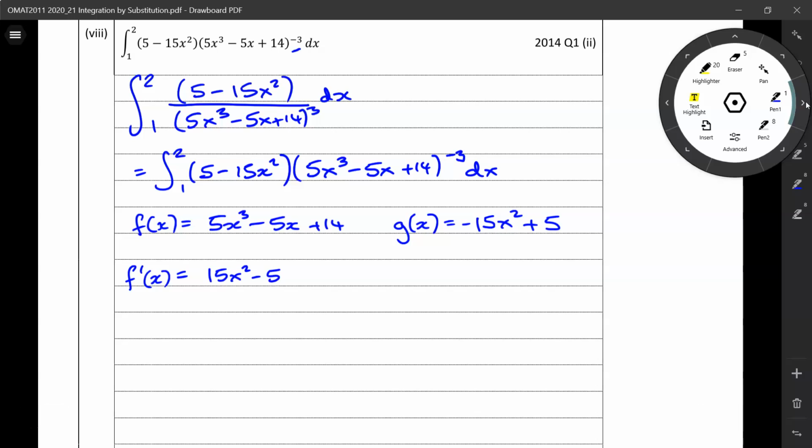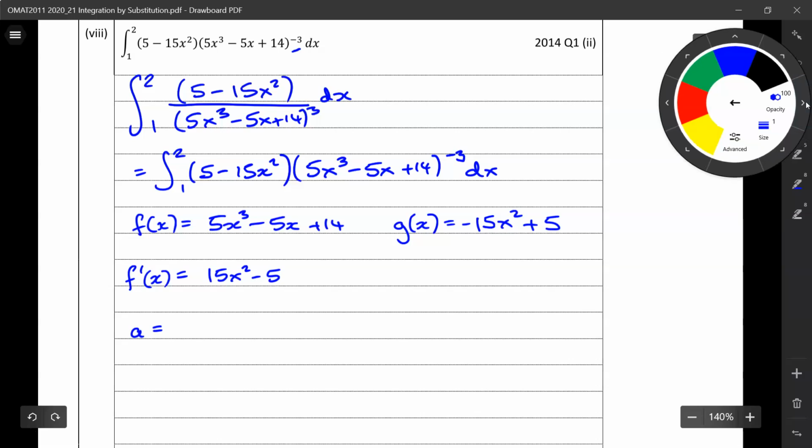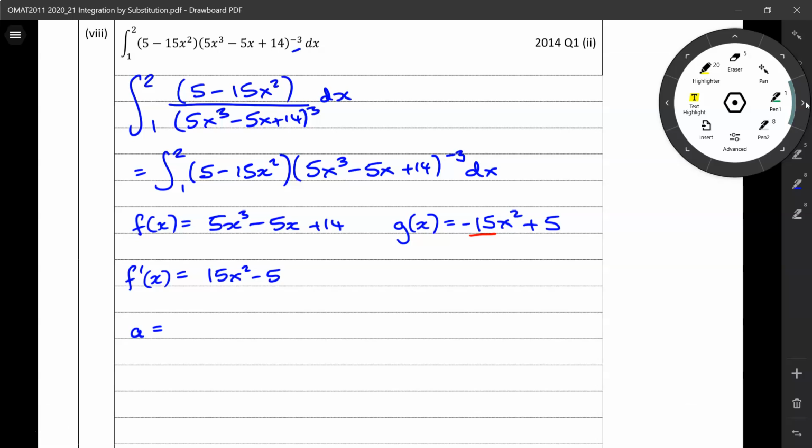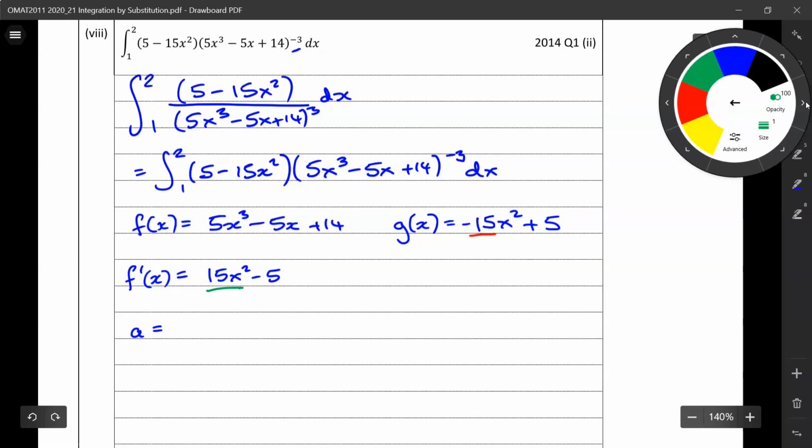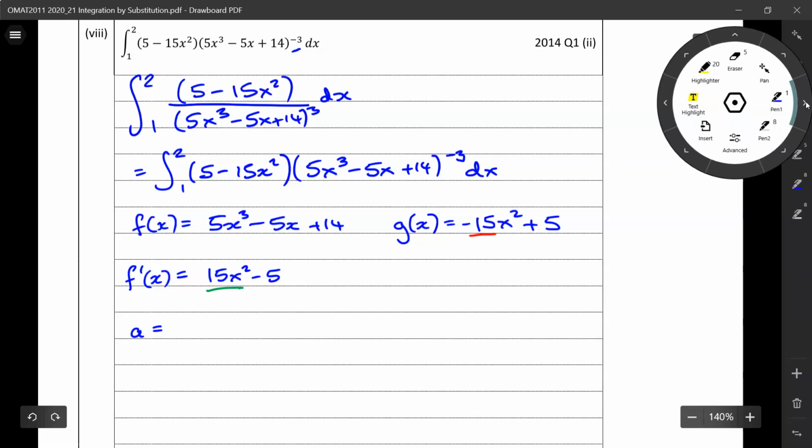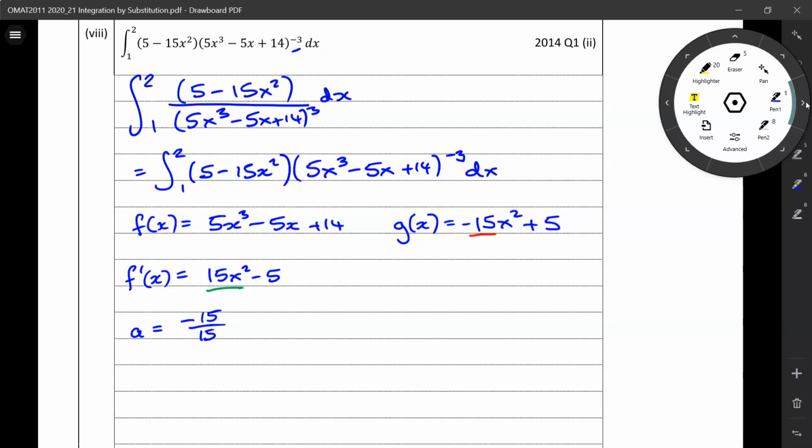Then we look at the ratio a, the ratio of the coefficient of x squared in g at x divided by the coefficient of x squared in f prime x. So that gives me minus 15, the coefficient in g at x, divided by plus 15, the coefficient in f prime x.